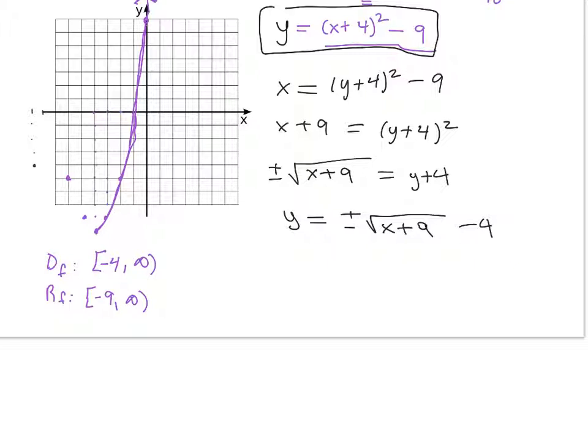Which one's going to have the right reflective property so that it's the inverse? The plus. Yep. So it'd be the one that goes up. So your f inverse of x is the square root of x plus 9, and then minus 4.